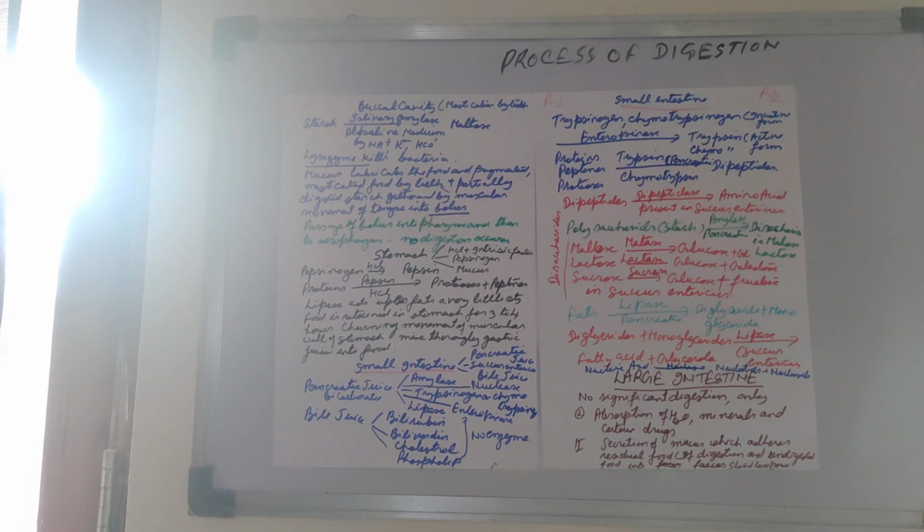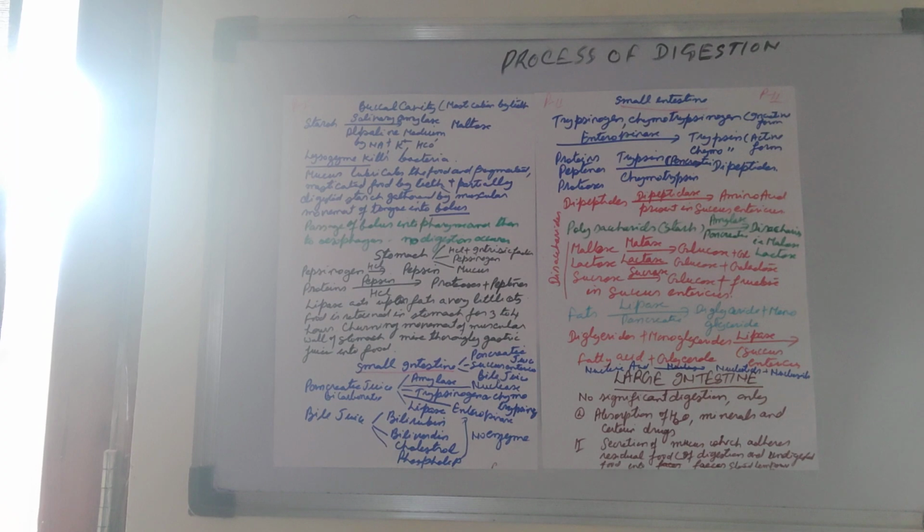Then the remnant food, residual and undigested food, is mixed with mucus in the large intestine. There is no significant digestion in the large intestine. Here water is absorbed from the residual food. Minerals are also absorbed. Some drugs are also absorbed.